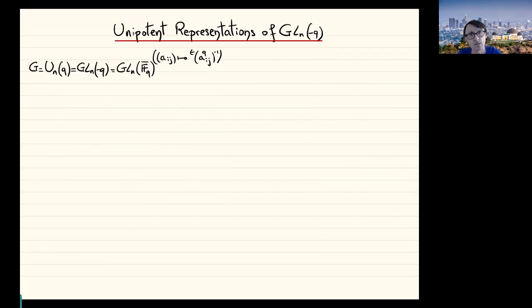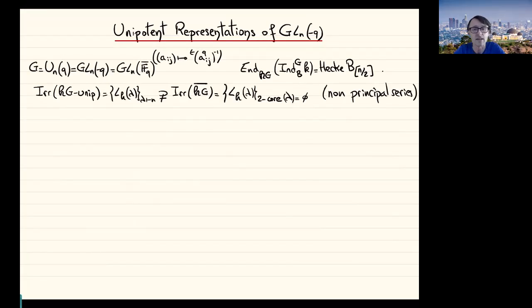So it's a bit like doing a unitary group of complex or real numbers and replacing complex conjugation by raising to the q's power, by the Frobenius homomorphism. These are finite groups, almost simple, and part of the list of finite simple groups.